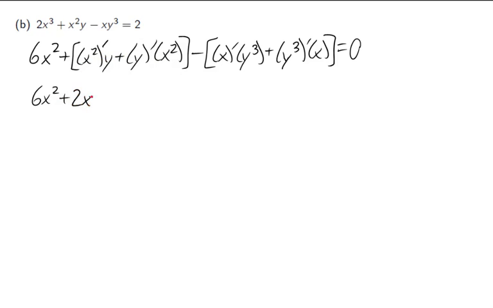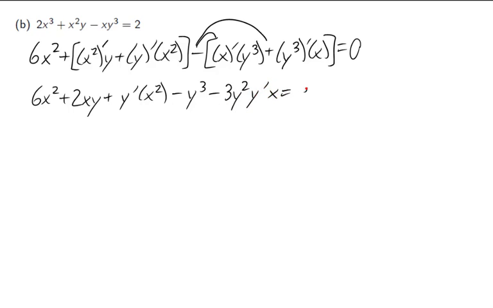I get 2xy plus y prime times x squared. Then this one I'm going to distribute the negative sign. I get minus, the derivative of x is just 1, so minus y cubed minus, from distributing the negative sign, I get 3y squared y prime times x.